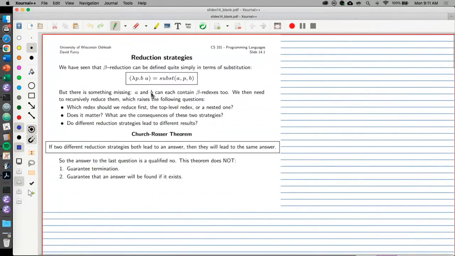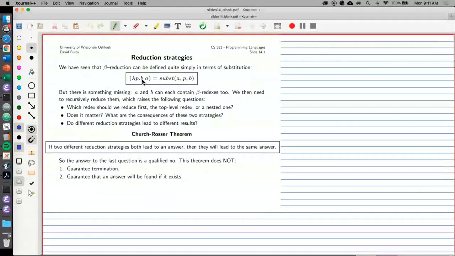Last time we defined this to be a beta redex, that is an application where the first component is a lambda abstraction. These are the only kinds of expressions that we can reduce using a beta reduction, which is just a substitution. Remember, to reduce or evaluate this kind of expression, you have to strip away the lambda p and return the value of the body b after you have substituted a for p in it.